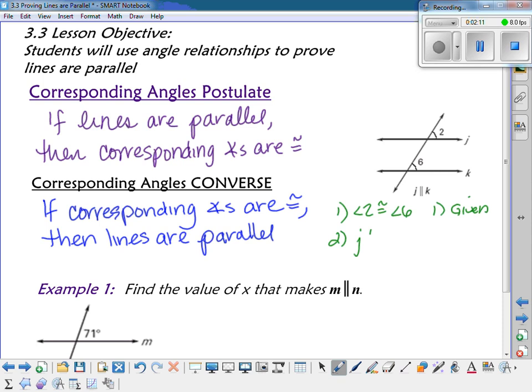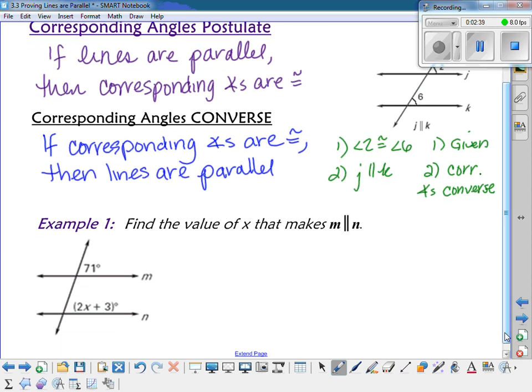Line J is parallel to line K, and your reason would be the corresponding angles converse. So if you're proving the angles are congruent, you're using the corresponding angles postulate, but if you're proving lines are parallel, you're using the corresponding angles converse. It all depends on which order you're going in.